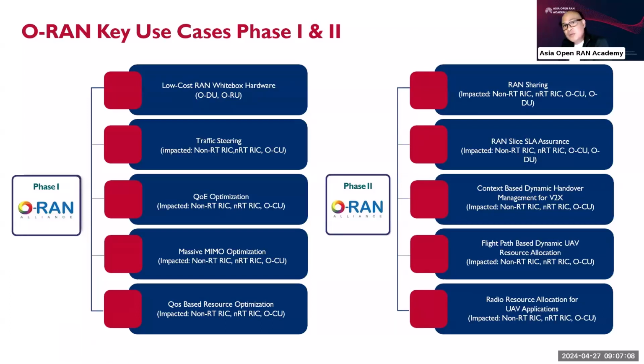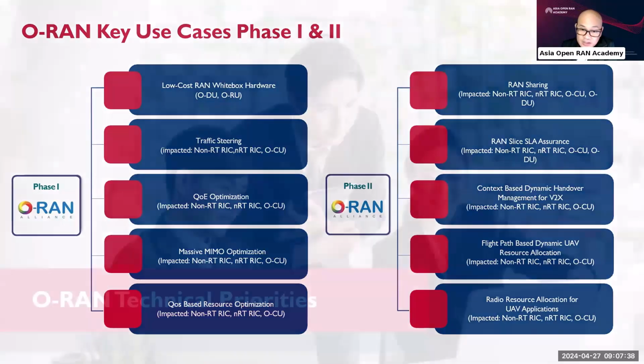Okay. Of course, when Open RAN or the ORAN Alliance defined the specifications, maybe a lot of developers might produce different specifications and different combinations. So that's why the European operators signed a memorandum of understanding to define the ORAN technical priorities.